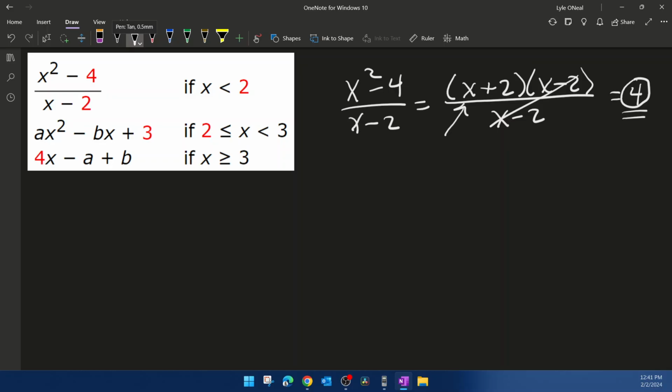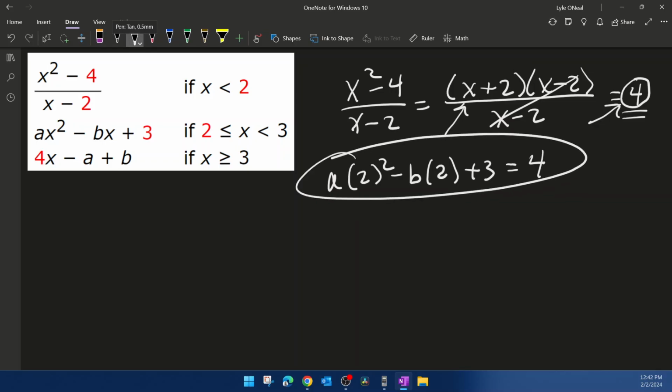So the second equation evaluated at 2 would be a times 2 squared minus b times 2 plus 3. And remember I said when x is 2, it's going to have to be at the same height that the previous piece was as it approached 2, and so we know this is going to have to equal 4. This is one of our equations.